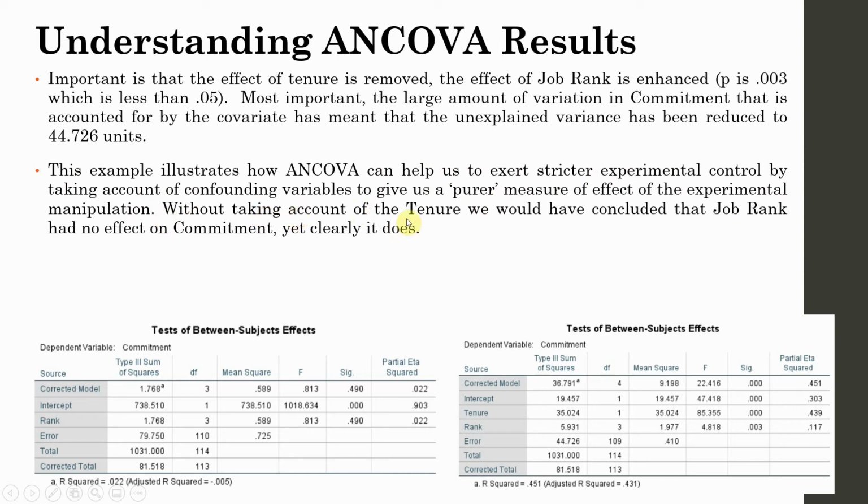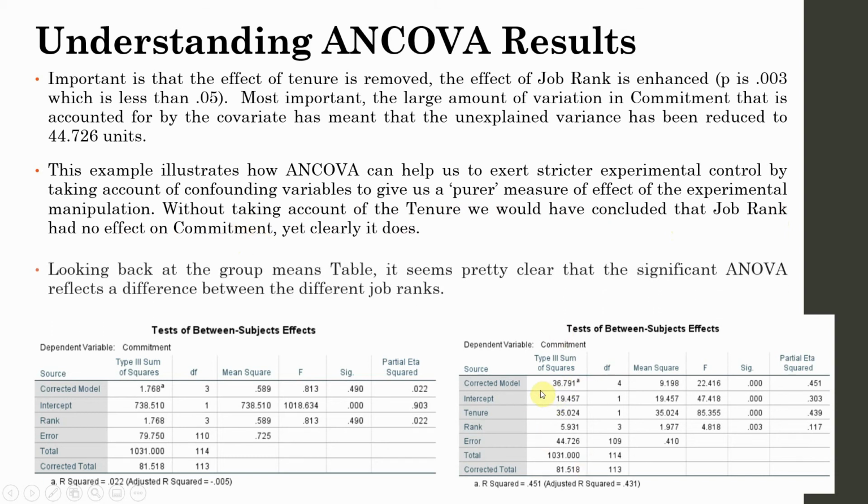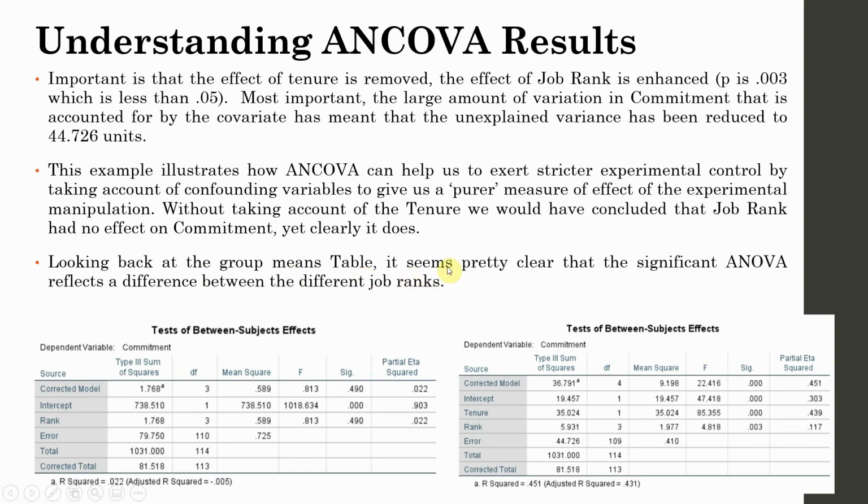Without taking into account the tenure, we would have concluded that job rank does not affect commitment, but it clearly does. Looking back at the group means table, it seems pretty clear that the significant ANOVA reflects a difference between the different job ranks. Now this should have been ANCOVA. So sorry for the typing mistake.